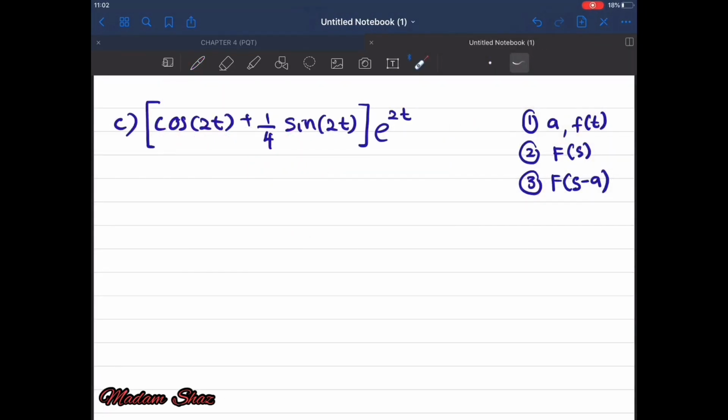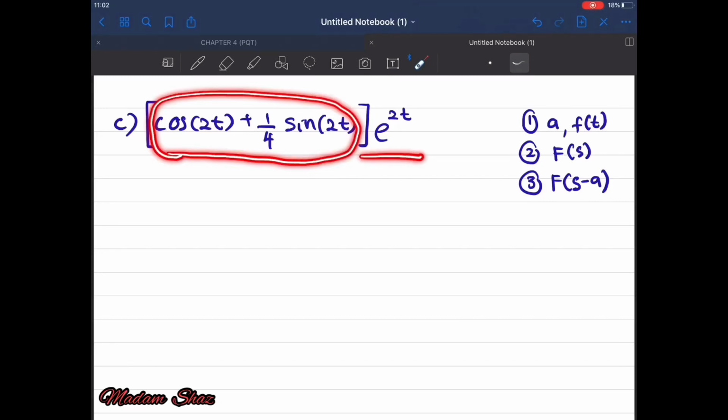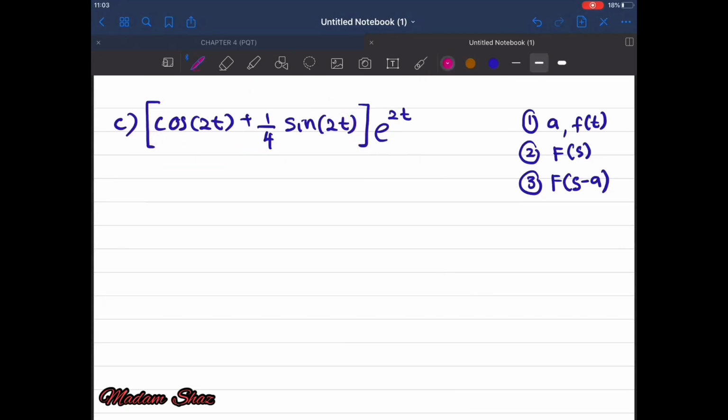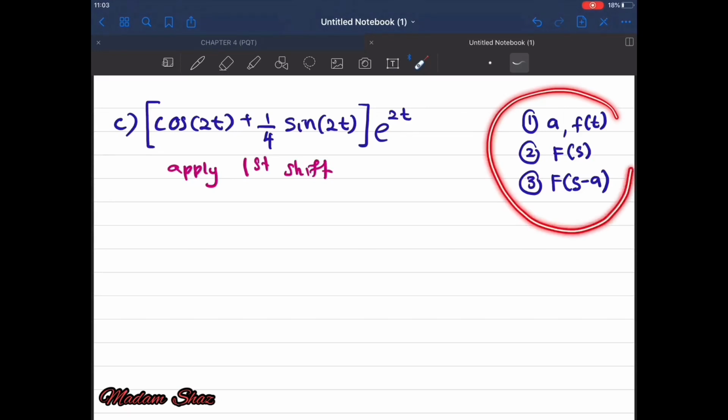So next exercise, exercise C, you have cos 2t plus 1 over 4 sin 2t, which is multiplied with the exponent 2t. So any function that is multiplied with the exponential term, we have to apply the first shift. Okay, so this is the step in order to apply the first shift properties.